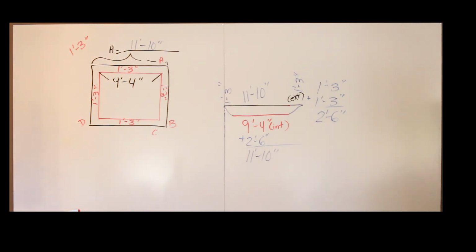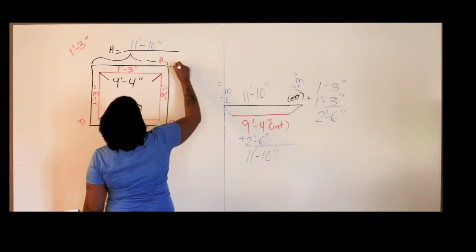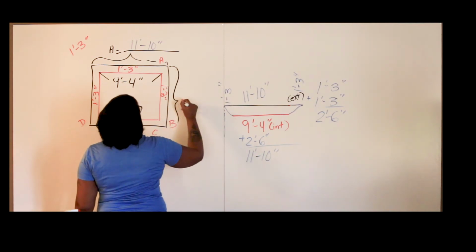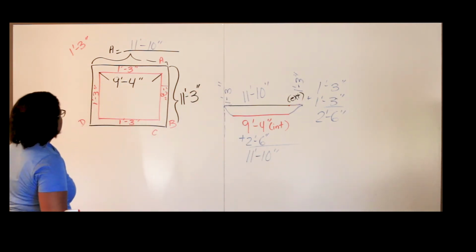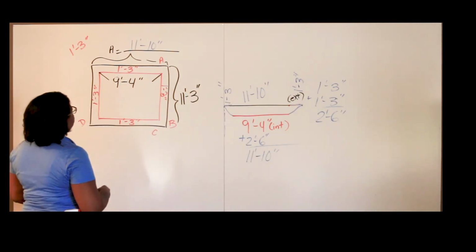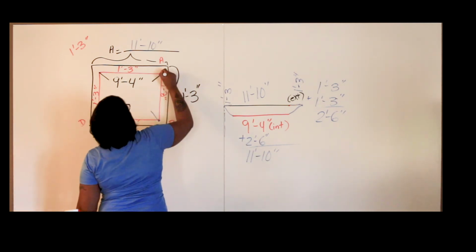Now I'm going to give you an exterior measurement. And let's say you have, no, an interior. No, let's give you an exterior measurement. Let's say you have, on this side, you're given 11 feet 3 inches. That's given. And I want you to find out what this interior wall for side A is.